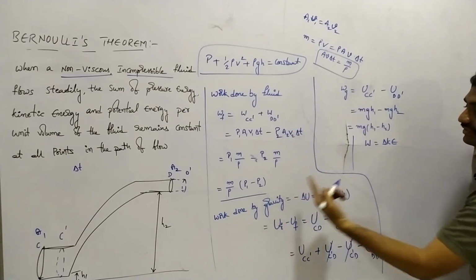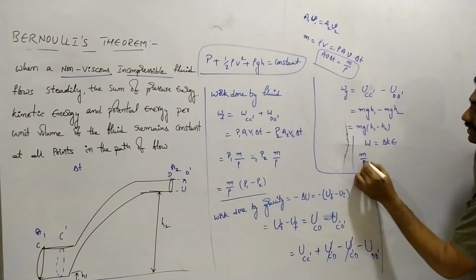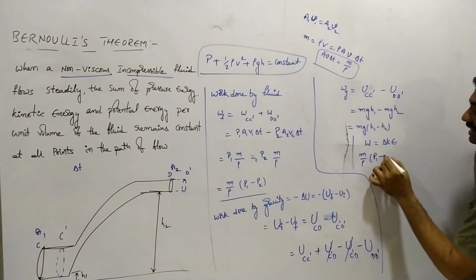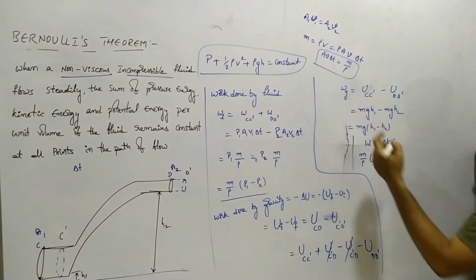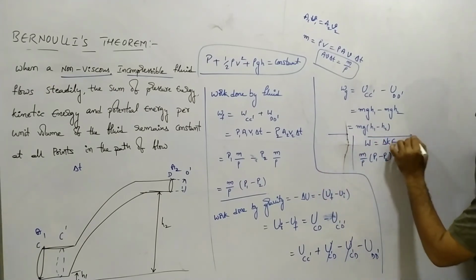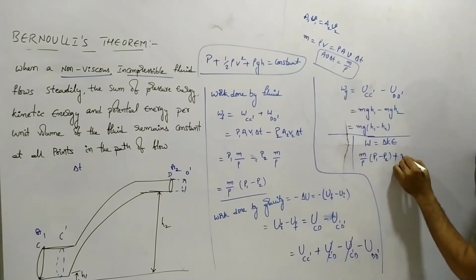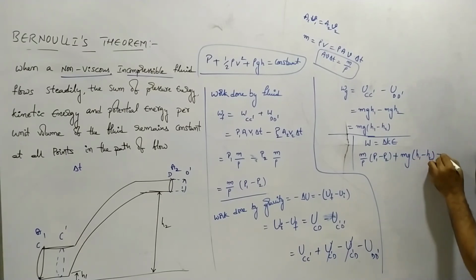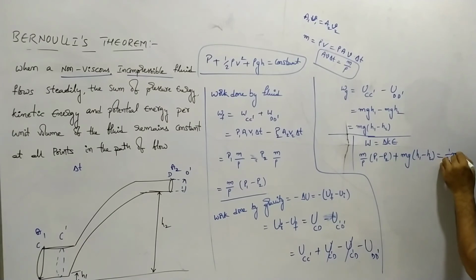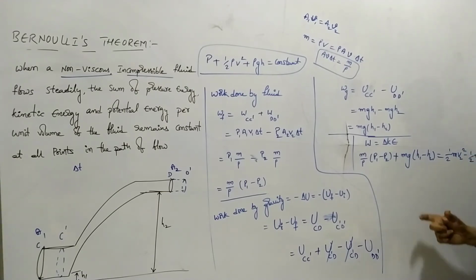Work done by fluid is m by rho into P1 minus P2, plus work done by gravity, mg into h1 minus h2, is equal to the change in the kinetic energy: final kinetic energy half m v2 square minus half m v1 square.